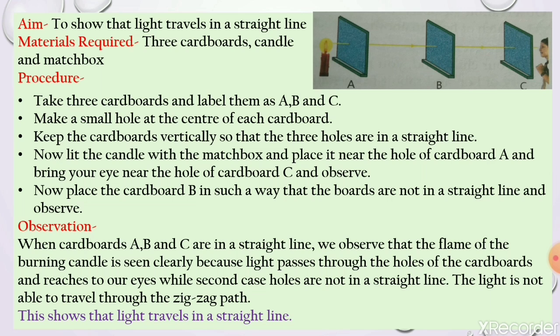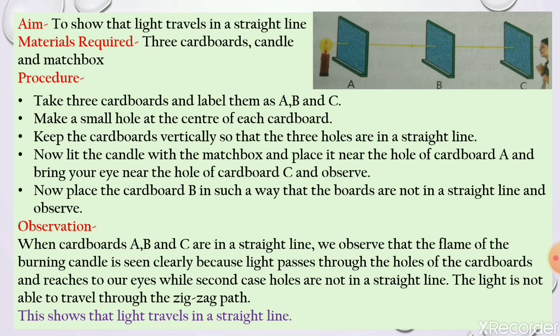But in the second case, we have put cardboard B upside down. Now these holes are not in a straight line. So now when we observe from cardboard C, we cannot see the lighted candle and light cannot reach our eye, because light cannot travel in a zigzag path.